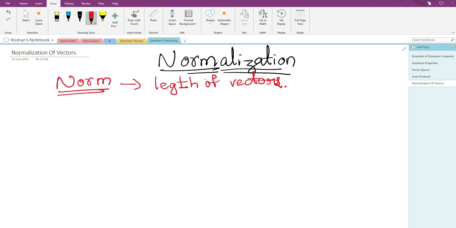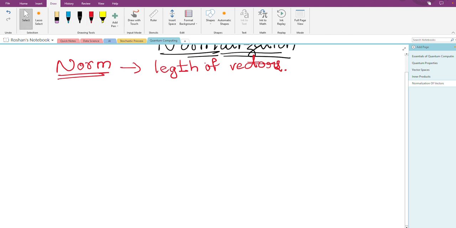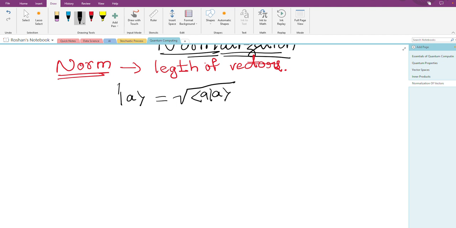Now, to identify the length of a vector, suppose we are having a vector, let's take vector a. The formula is the square root of the inverse of vector a dot product with vector a.